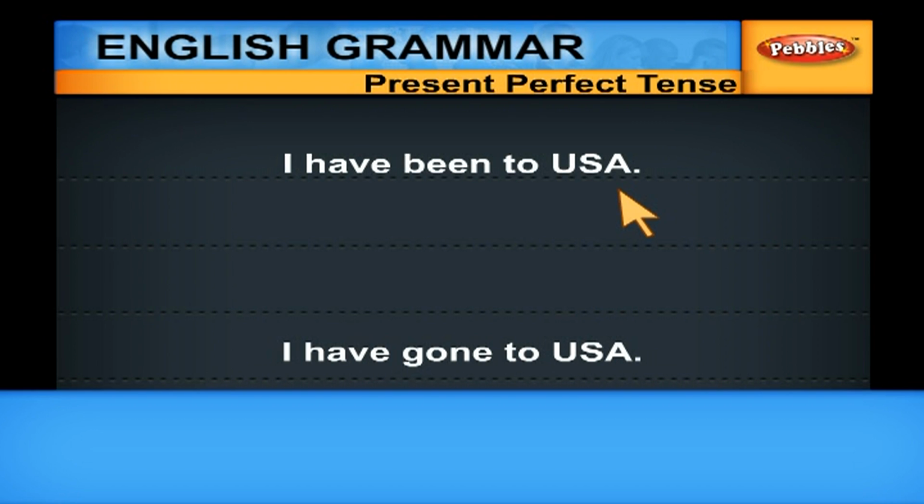It doesn't mean that I am in USA now. When I say I have gone to USA, it means that now I am in the USA. So, have been refers to your going to a place at some point of time. When you say I have gone there, it means that physically you are now in that place.